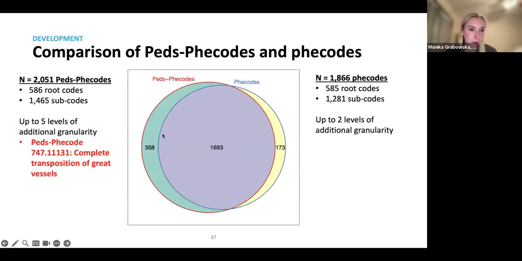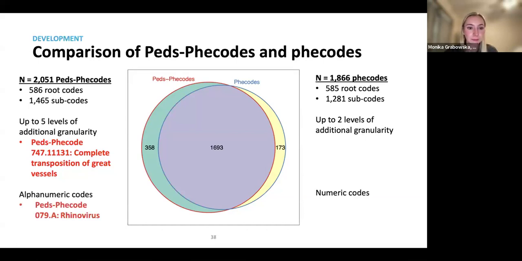In terms of changes we made, with the PEDS phecodes, we extended the phecode hierarchy vertically, allowing for more detailed phenotypes, represented with more decimal digits. Here we have a maximum of 5 levels of additional phenotypic granularity, whereas in the original phecodes, we were capped at 2 levels of additional granularity, or 2 decimal places.